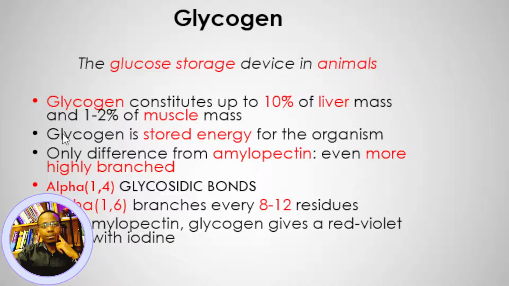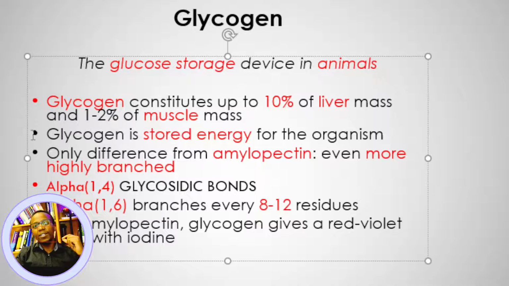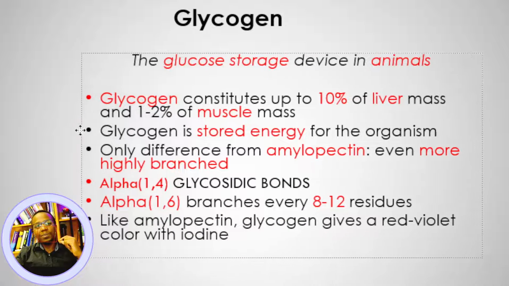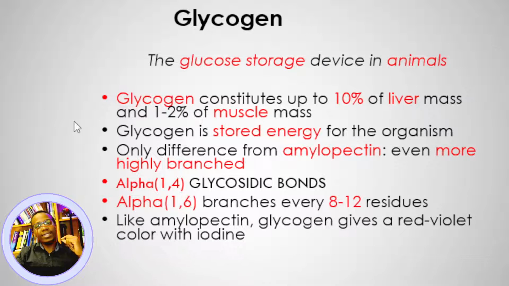All right. So let's go to glycogen. Glycogen is a way to store glucose in animals, right? So check this out. Glycogen is just like amylopectin.